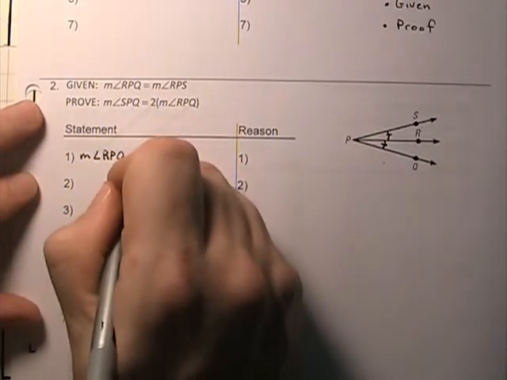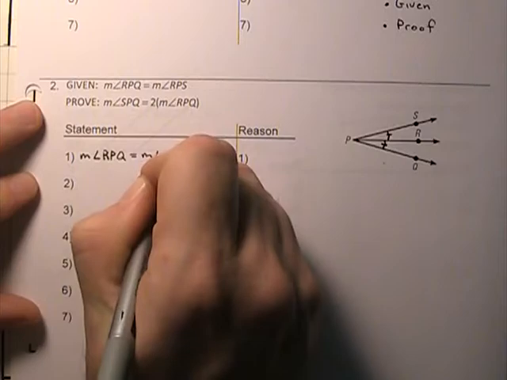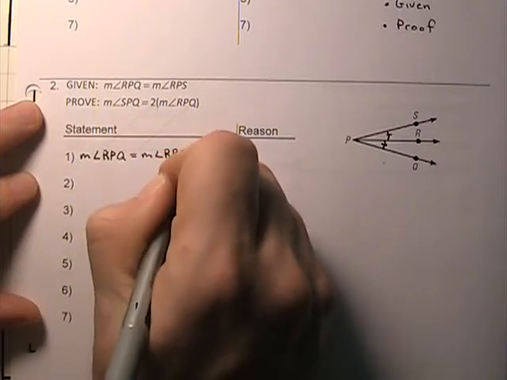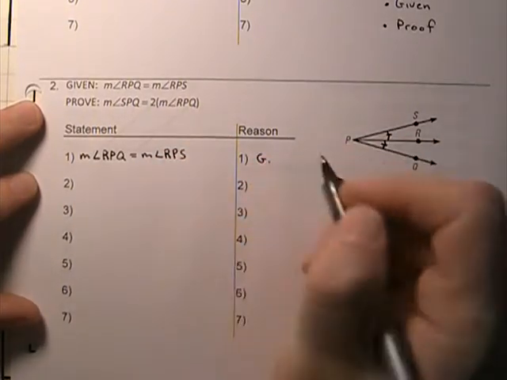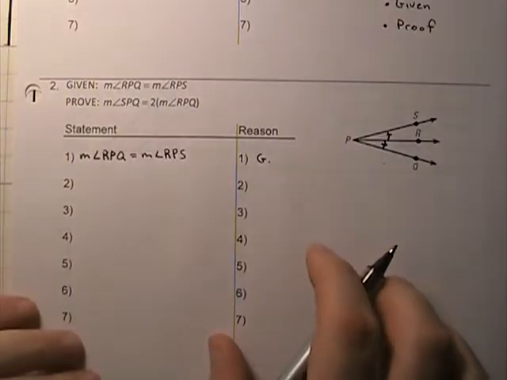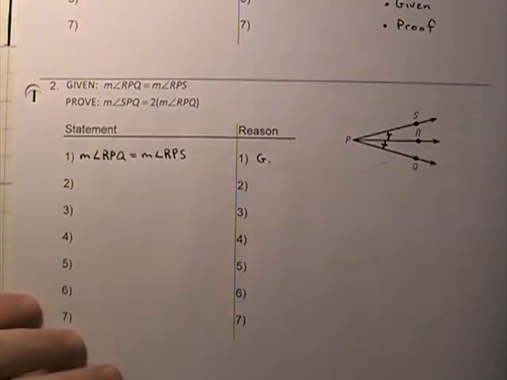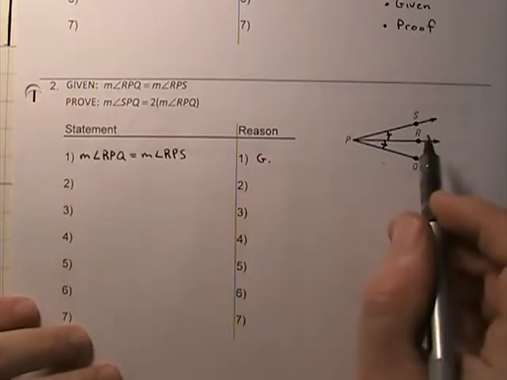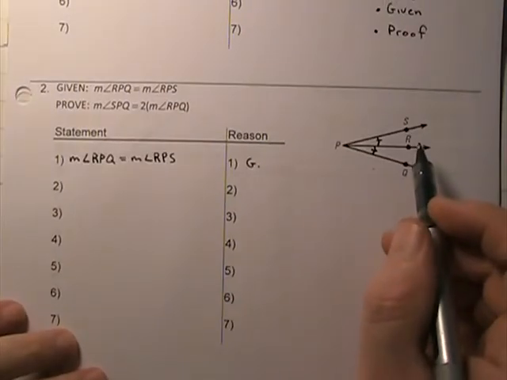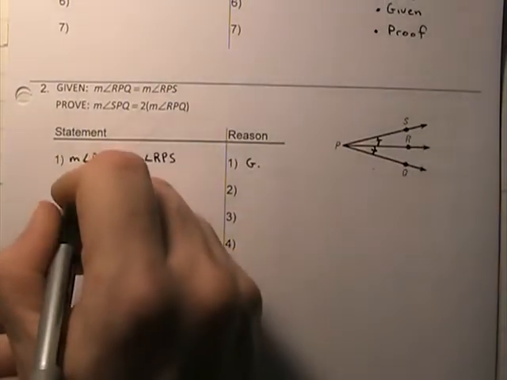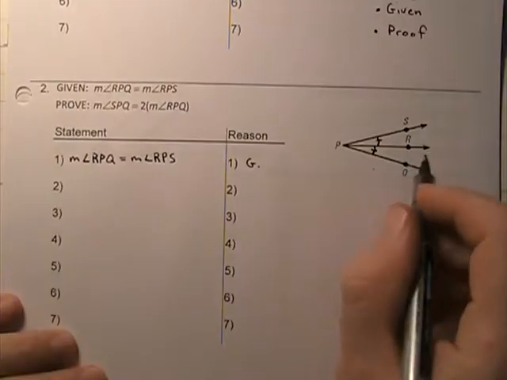So the measure of RPQ is equal to the measure of angle RPS, and that's always the easy reason: that's given. And looking at our diagram, we see that it is just a big angle made up of smaller angles, so that lends itself to the angle addition postulate.